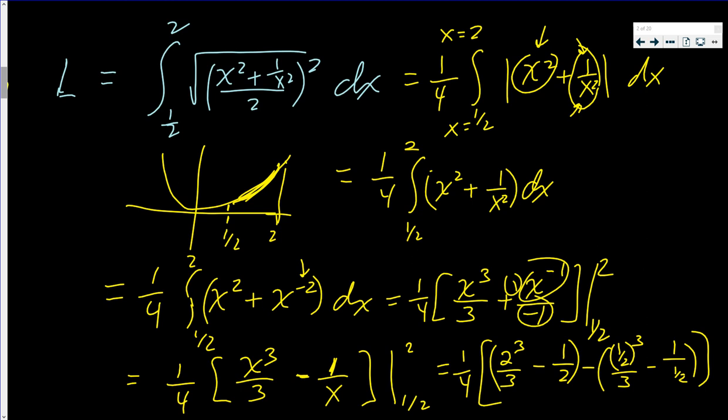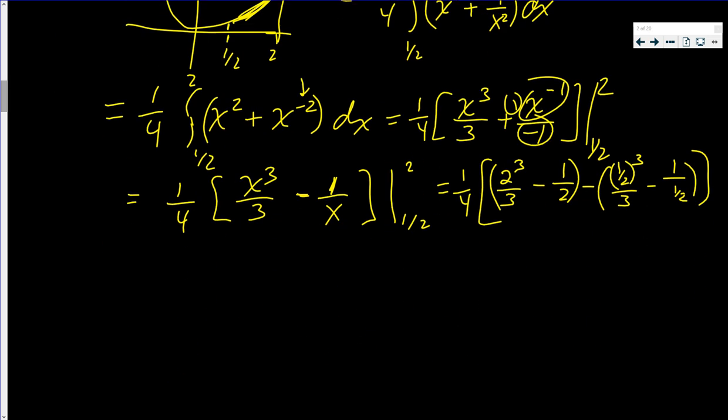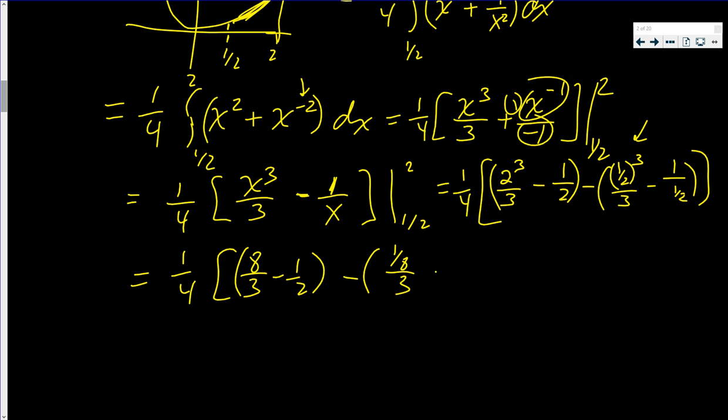And now it's just arithmetic. The 1/4 in the front, 2 cubed is 8 over 3 minus a half, minus 1/2 cubed is 1/8 over 3 minus 1 over a half. We'll clean that up in this step coming up.